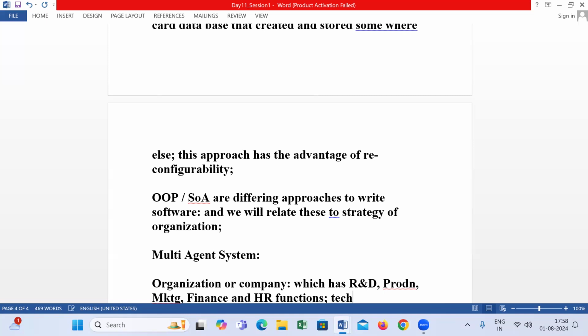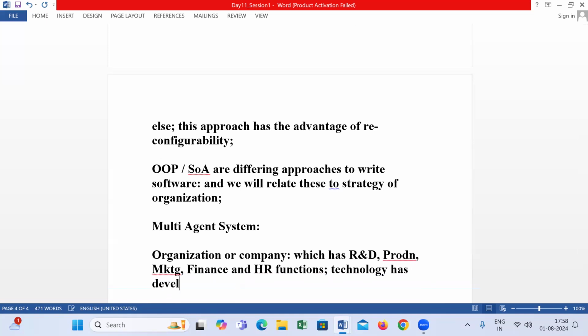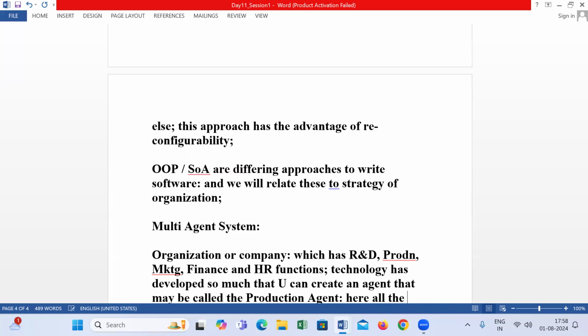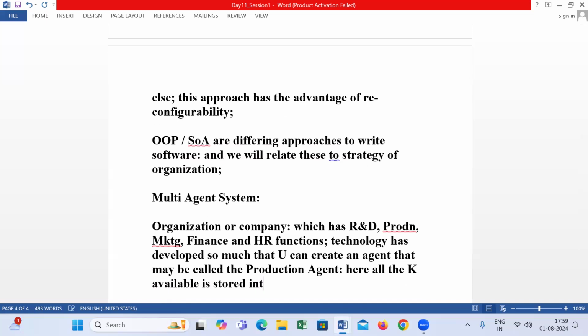And the technology has developed so much that you can create an agent that may be called the production agent. Here, all the knowledge available is stored into a software cum hardware, and it can make independent action.